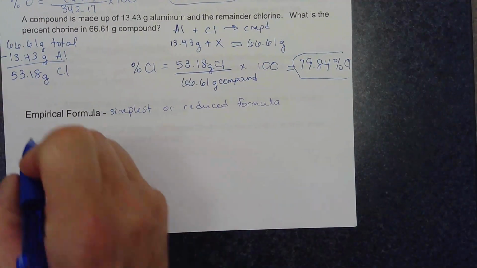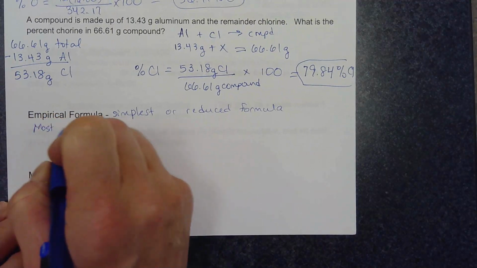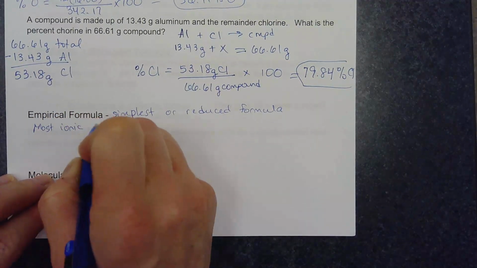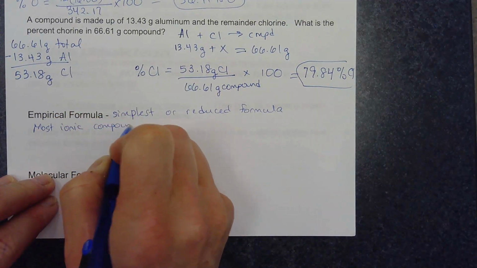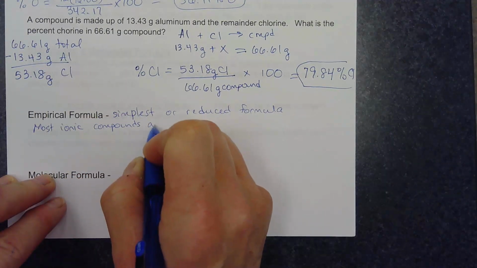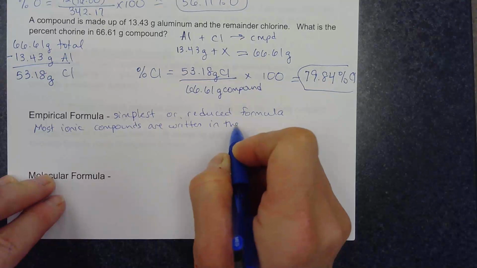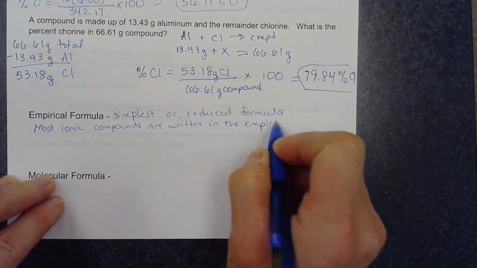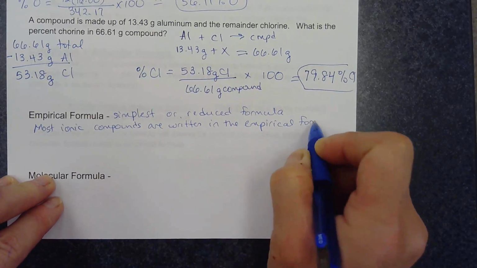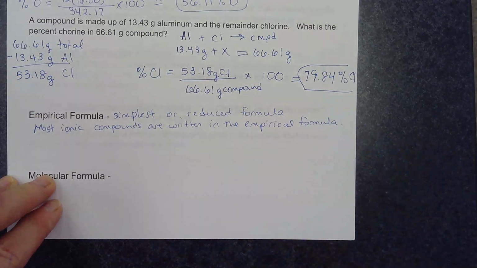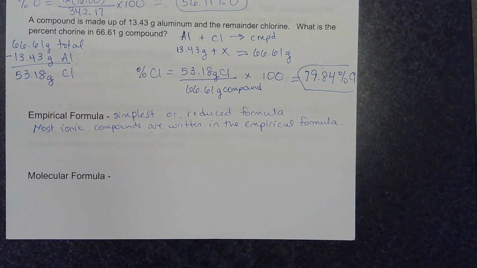Most ionic compounds are written in the empirical formula, however you want to say it. It's the empirical formula that you see with an ionic compound.